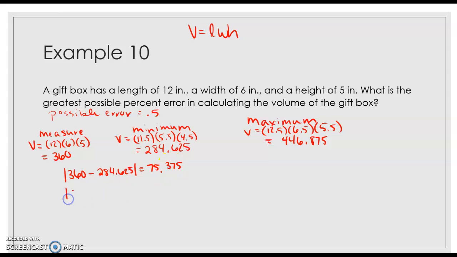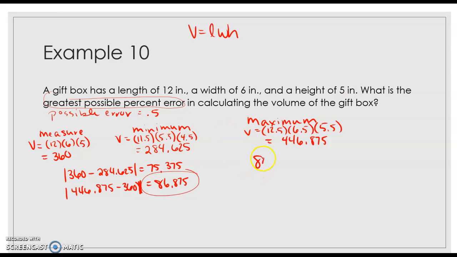Then I'm going to do my maximum, 446.875 minus 360, with absolute value bars, and that gives me 86.875. If we want the greatest possible percent error, I don't need to figure it for both of these. I just need to do it for the biggest one, and the biggest change is for the maximum.